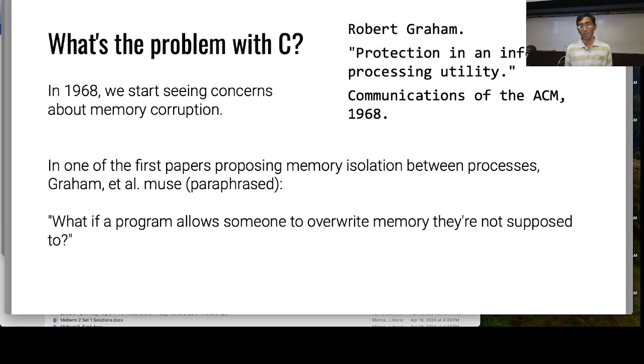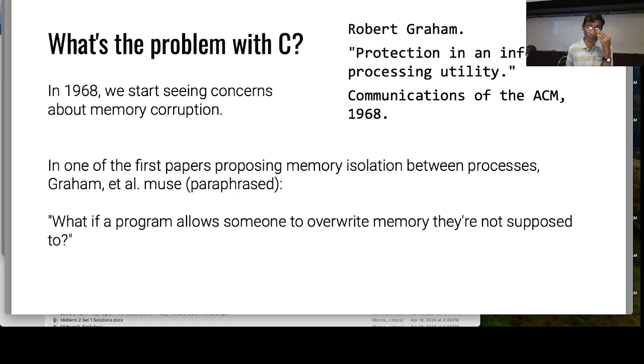So because of that, we have to take care of any memory corruptions. This is one of the things we are talking about today, the memory features. The topic was already dealt with in 1968: what would happen if a process can overwrite the memory dedicated to a different process?